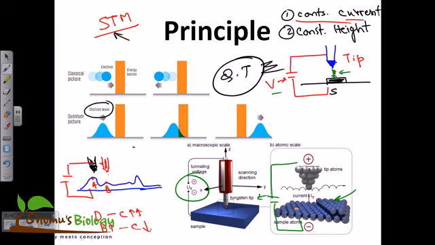Accordingly the current flow will decrease. But here we want to maintain a constant current, so to maintain it, the tip will come down a little to compensate for the distance between the tip and the point of the surface.